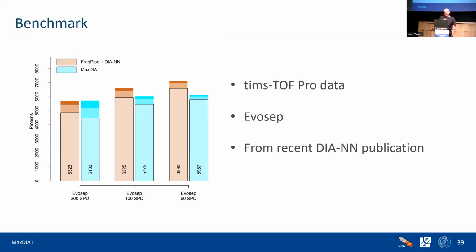Well, search time depends on the library size, probably linearly in most places. Memory usage also goes up a little bit. I think that's the same with MaxDIA, that it takes longer the larger the library is. Thank you.